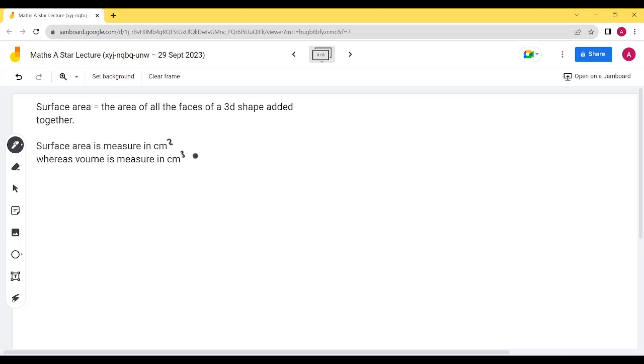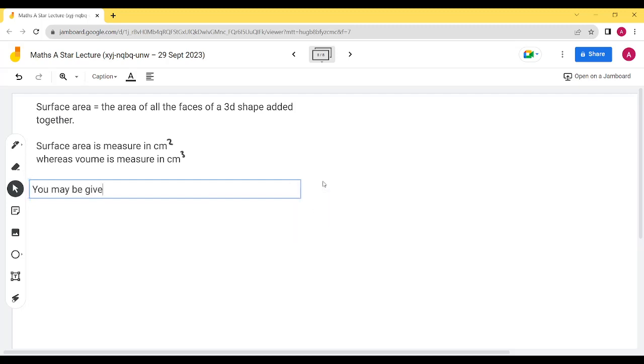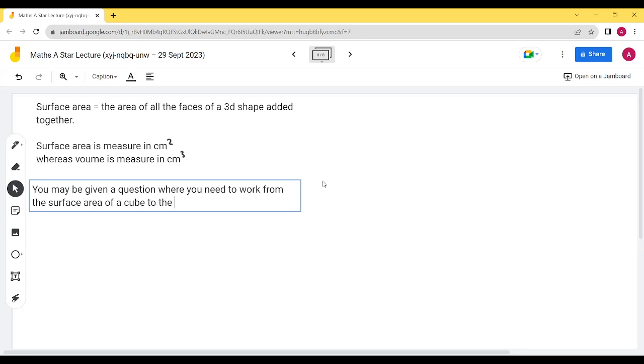So you sometimes come across a question I've seen, for example, with a cube. You may be given a question where you need to work from the surface area of a cube to the volume, or vice versa.